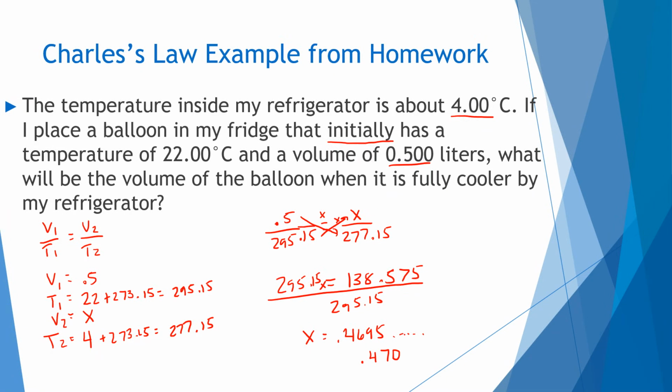Now we just have to figure out what unit to give it. Just like the last one, our volumes are going to have the same unit and our temps are going to have the same unit. Because my original volume was 0.5 liters, that means my volume after the change must also, again, be in liters.